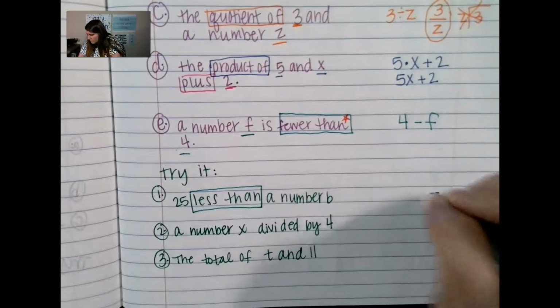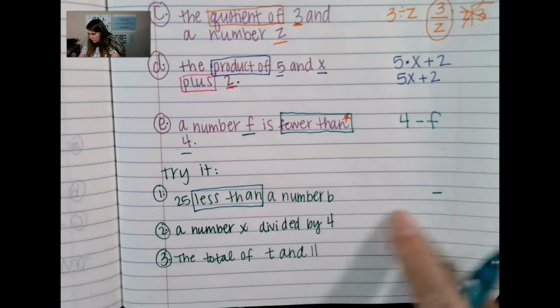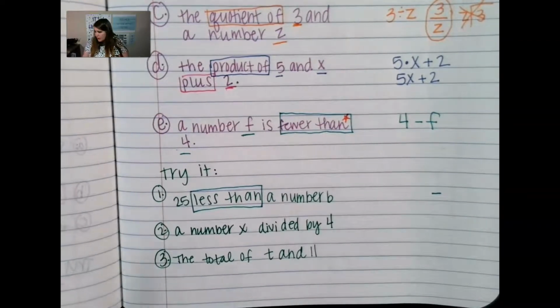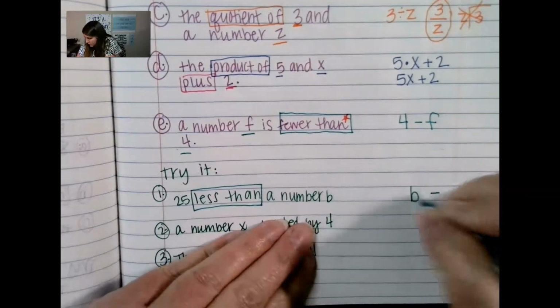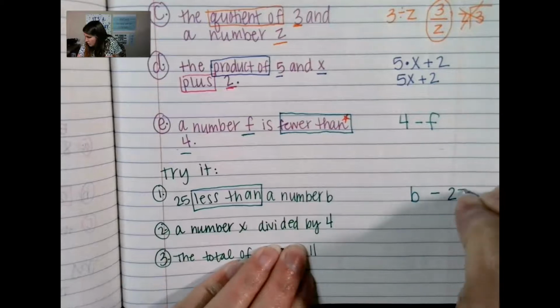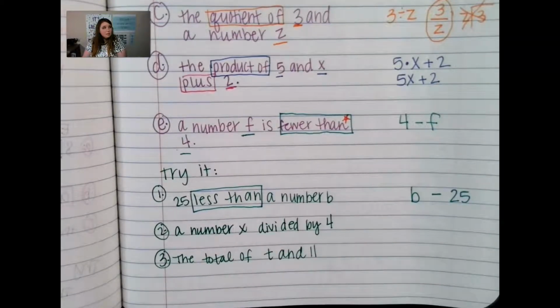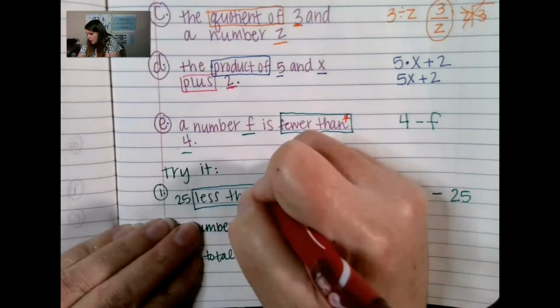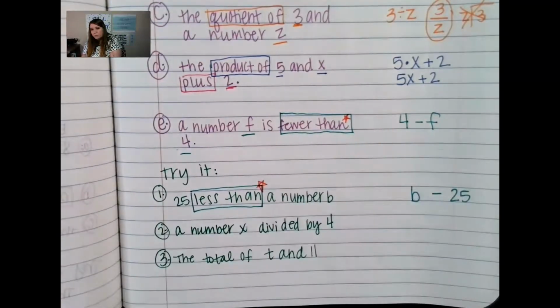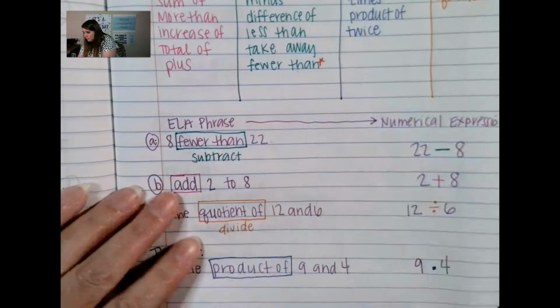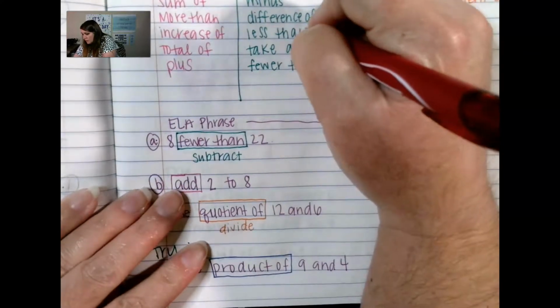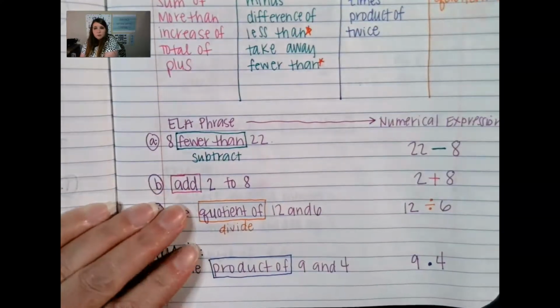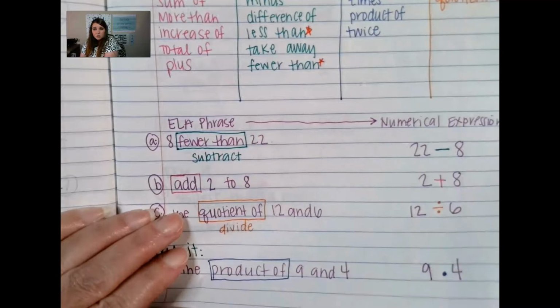So 25 is less than a number b. So that means that I have to put the b first and subtract the 25. So because this is one of those tricky ones, I am going to go ahead and put a star right next to that one. And I am going to star less than so that I remember to make that a switchy one.